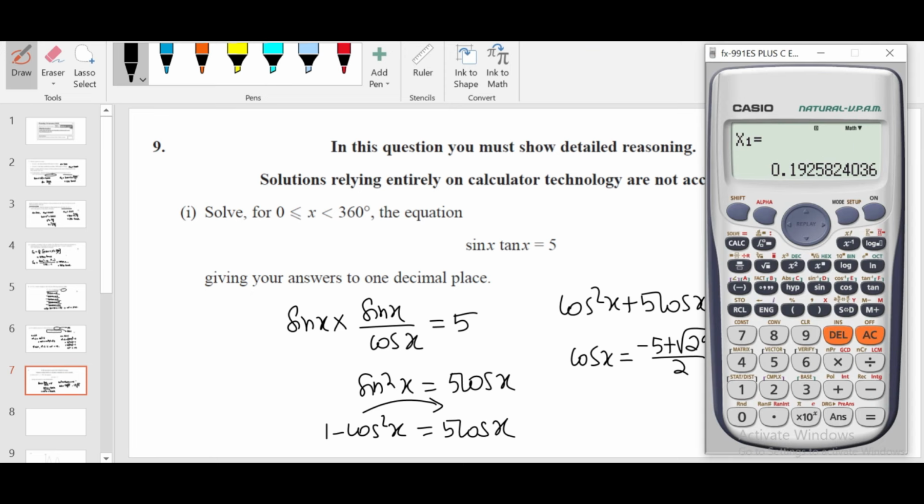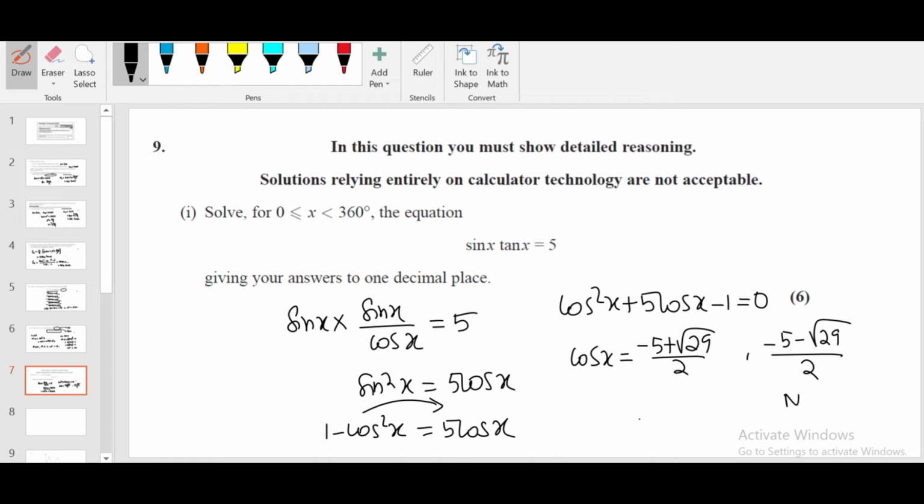But the first value is smaller than 1. The next value is bigger than 1. That means this has no solution, because the range of cos x is minus 1 to 1. So we will use only this value to find the solutions within this range. That's what we are going to do next.